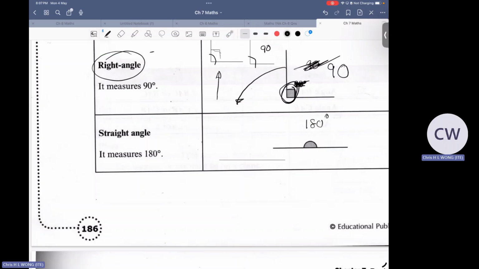So maybe not straight, maybe like that, maybe slightly up, very difficult to draw. They must tell you it is a straight line, then it is 180. If it's a straight line, it is 90 times 2. You open up, so 90 times 2 give you 180 altogether. Must remember, move on.